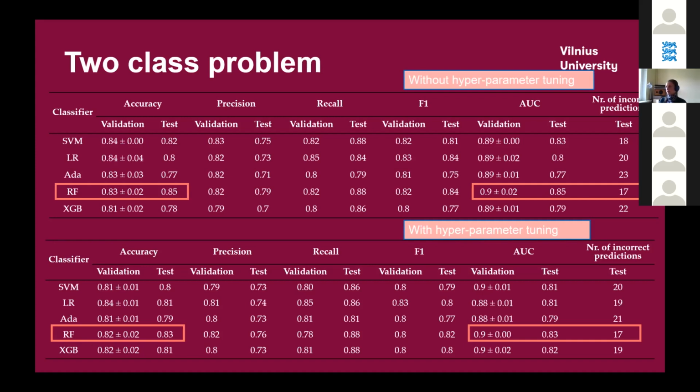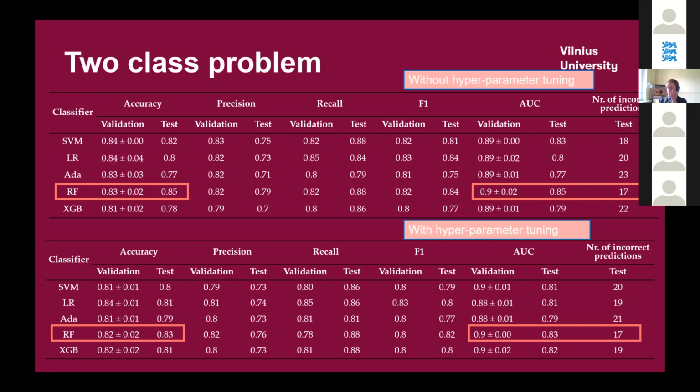Also this AUC score is commonly used, and it very well represents the model's ability to classify. Here we have 0.9 for random forest, and for the test set we have 0.85, which is a really good estimate actually.